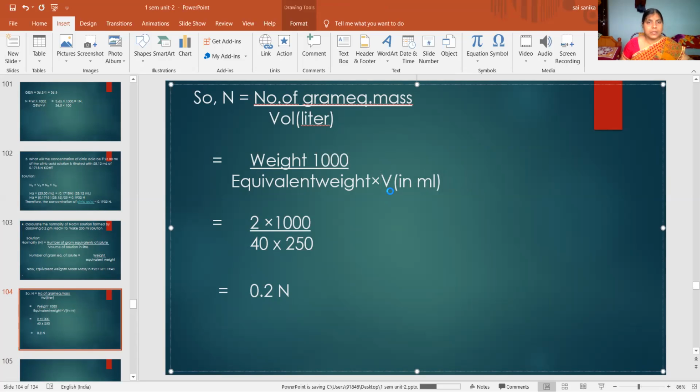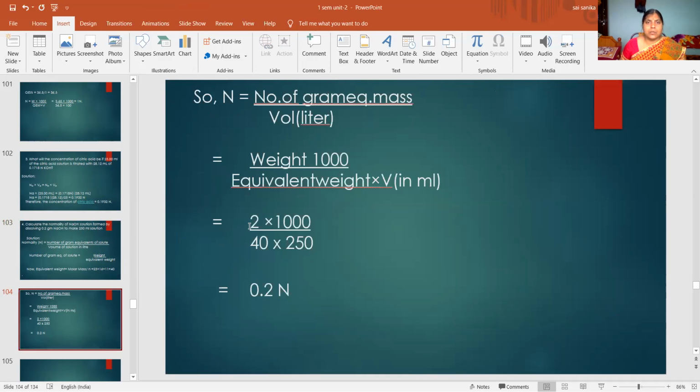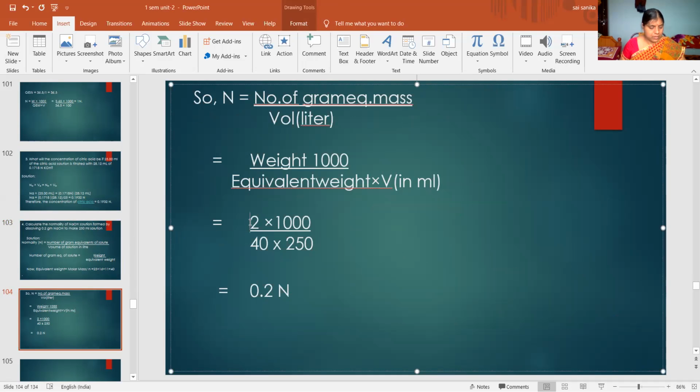So what is the weight? He has given 2 grams. 0.2 grams, sorry, it is 0.2 grams. Okay. This is 0.2. So 0.2 into 1000 by 40 into 250. Okay.